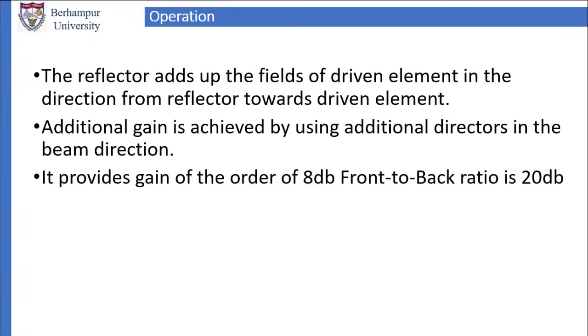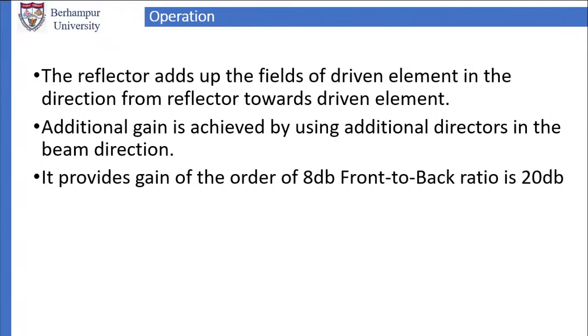So as you keep on adding directors, the gain will keep on increasing, but we cannot go on adding infinitely many directors because after a certain point, the increase in gain is very little, so it is negligible. We cannot keep on adding hundreds of directors. 5 or 10, somewhere there, that many directors we usually use.